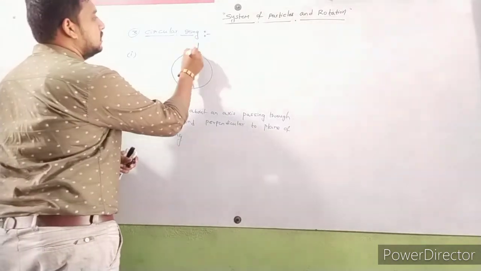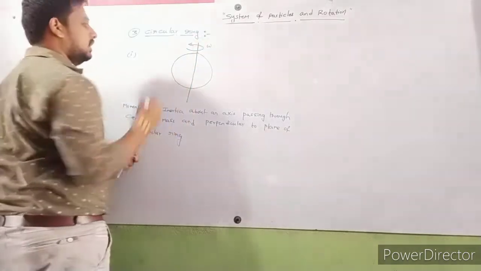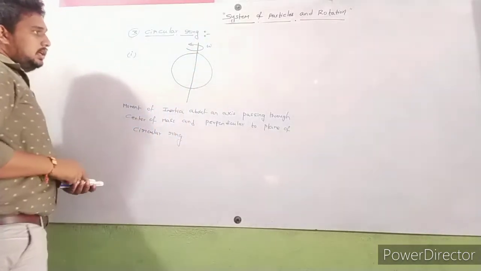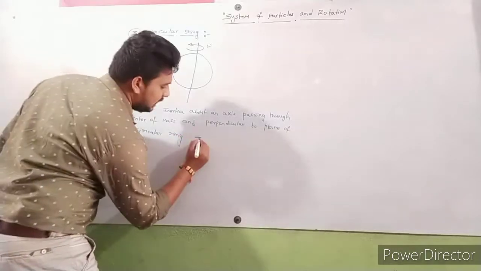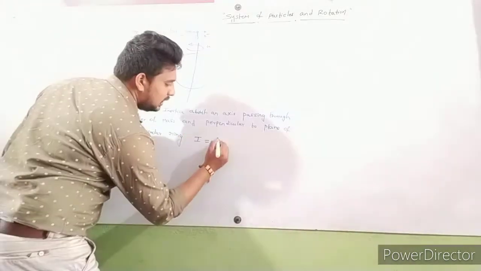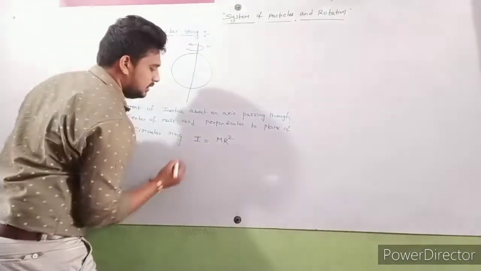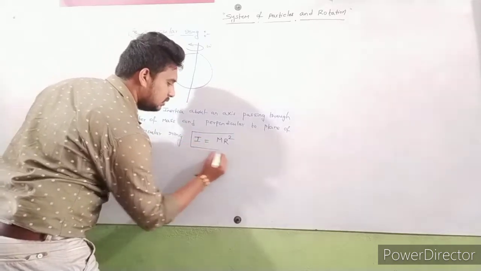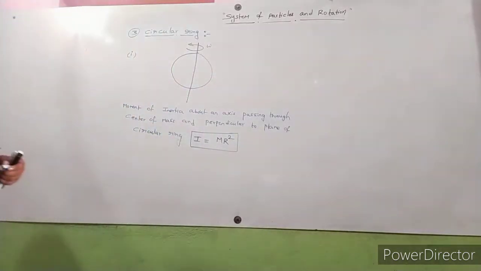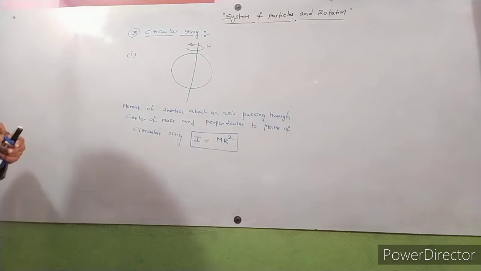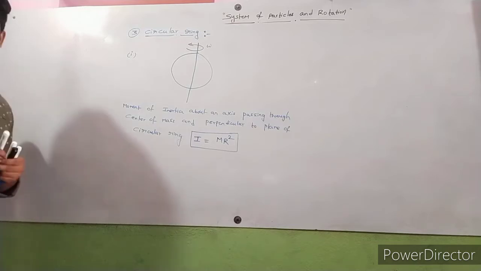So this is angular velocity omega for this one. Okay, so this we indicate with I is equal to mr square. So this is the first one.